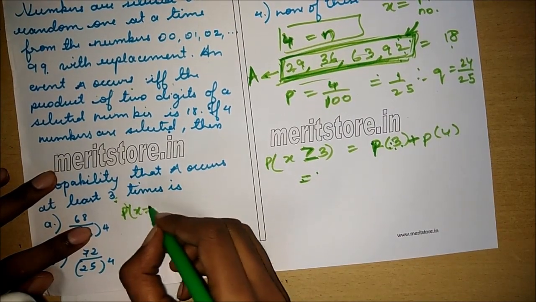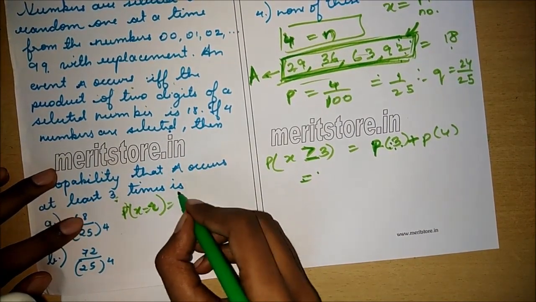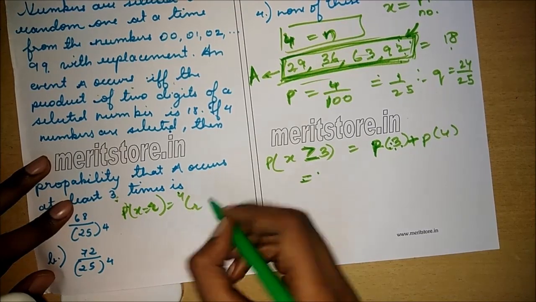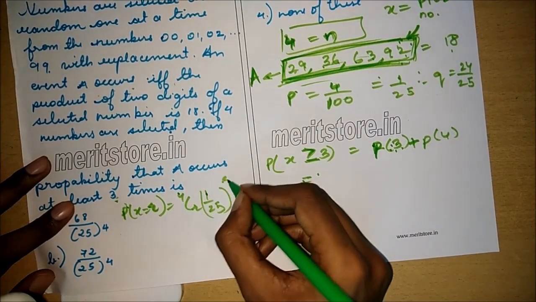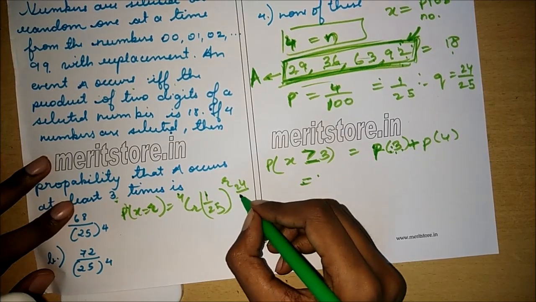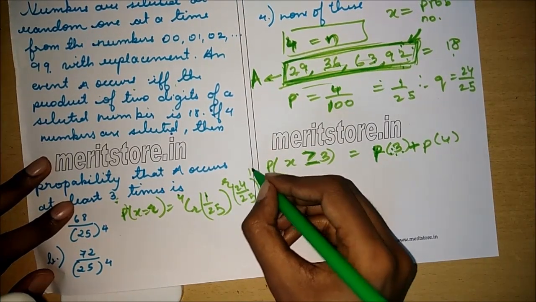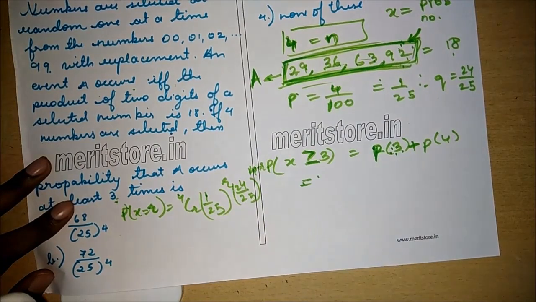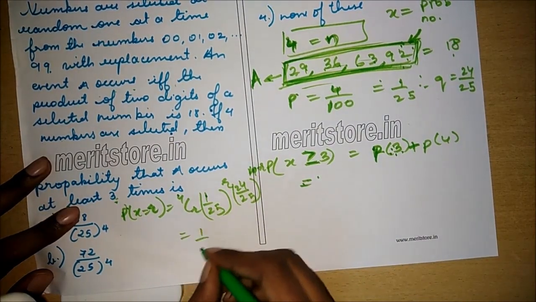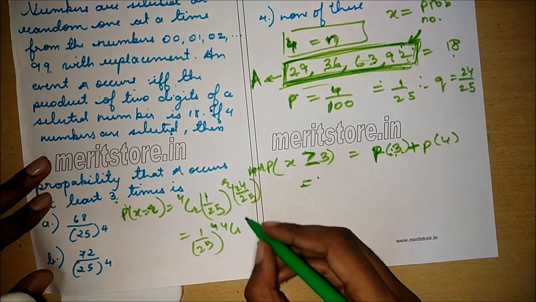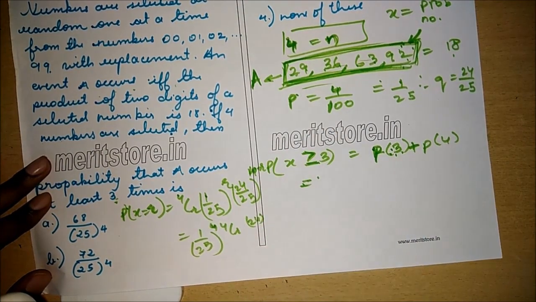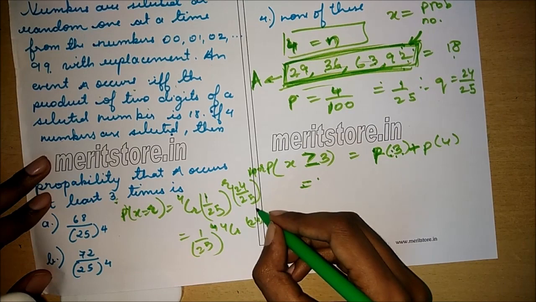So P of X equals R will be nCr, that is 4Cr. P is 1 by 25, so 1 by 25 raised to R, 24 by 25 raised to n minus r, that is 4 minus r. So this will be 1 by 25 raised to 4, 4Cr into 24 raised to 4 minus r.